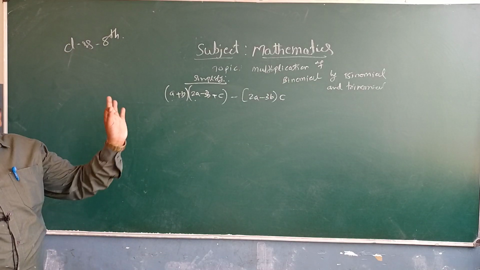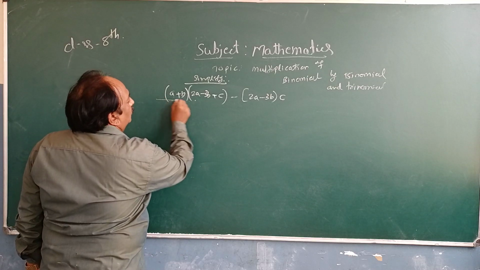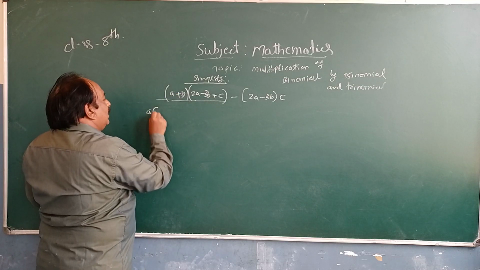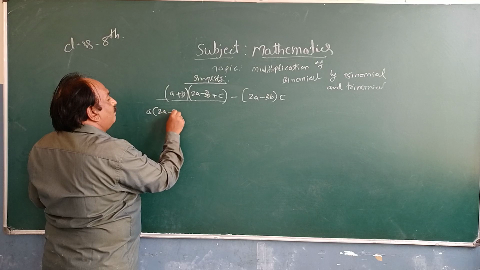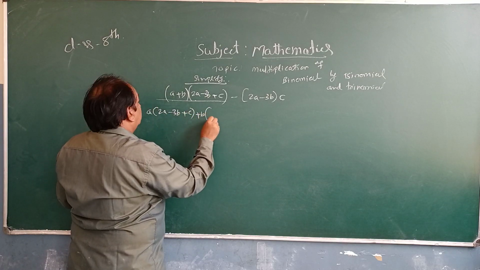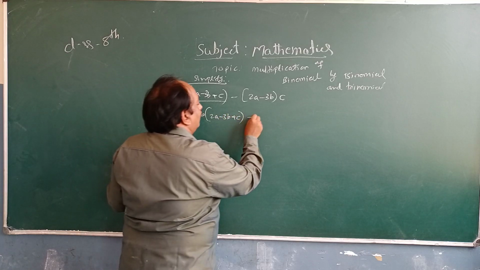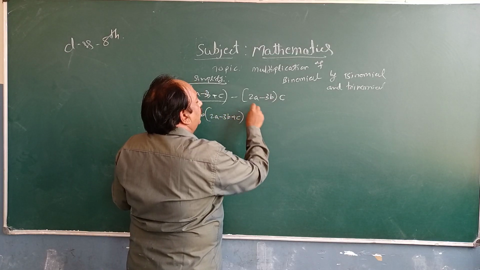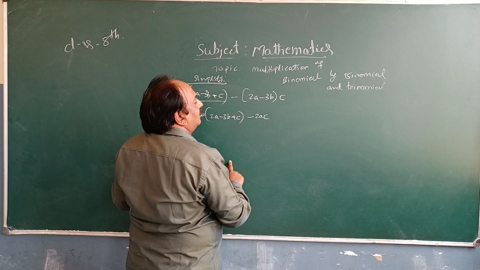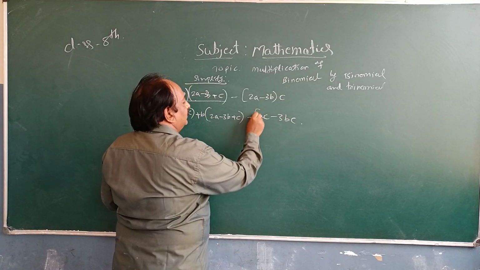Multiply and make it simple. How to simplify this? First, do the multiplication. a into 2a minus 3b plus c, plus b into 2a minus 3b plus c, minus 2 into ac, 3 into bc, 3bc as it is.